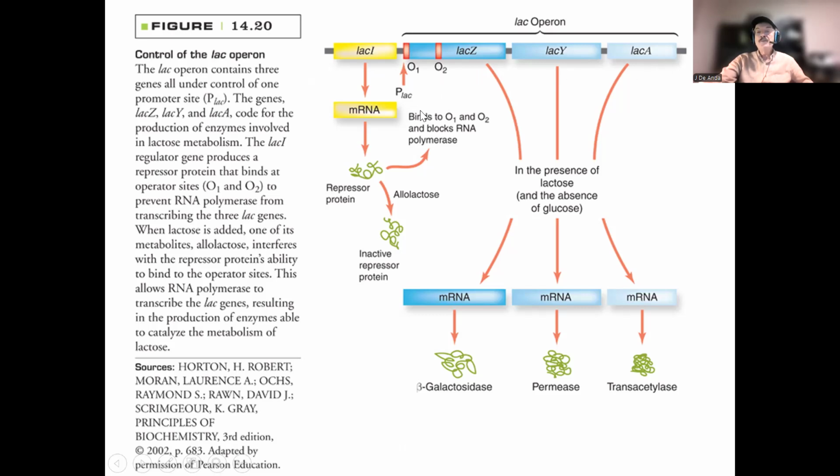Now, in the presence of lactose in the medium, a byproduct of lactose would come in and inactivate that repressor. As a consequence, the repressor would fall off these operator sites and now unblock the RNA polymerase, which would then be able to transcribe all of these genes that made essentially the proteins or enzymes involved in the digestion of lactose.